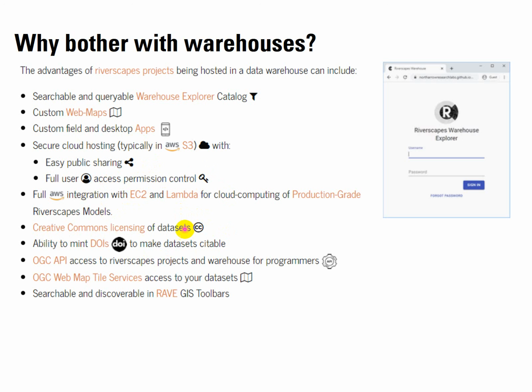It allows licensing of the data sets so that they're shareable, for example, with Creative Commons licenses. Ability to potentially mint DOIs to make your data sets citable.